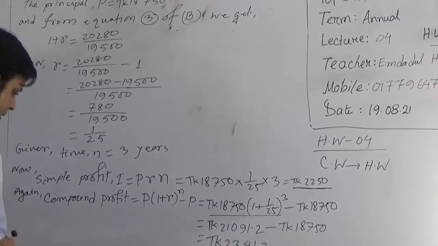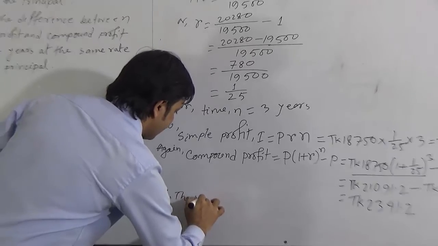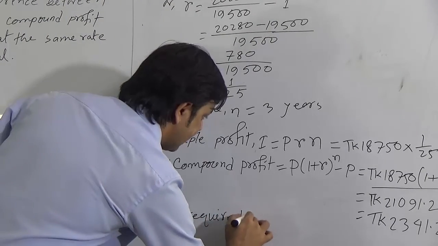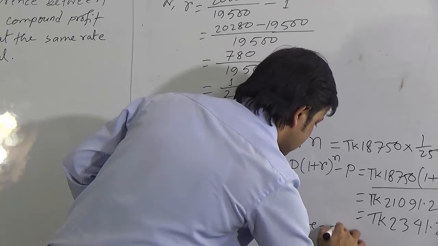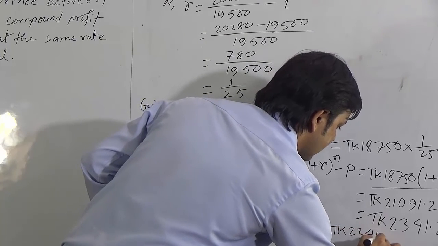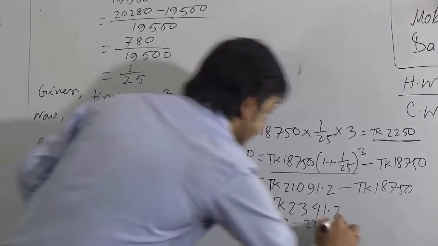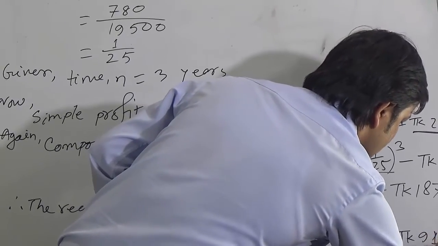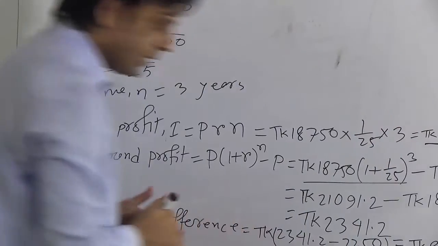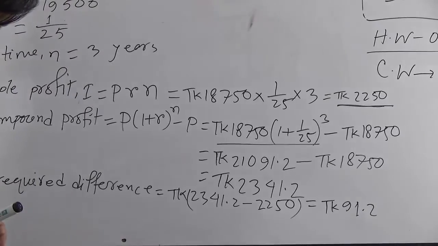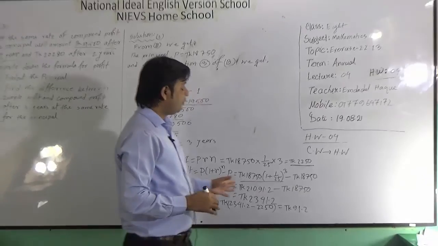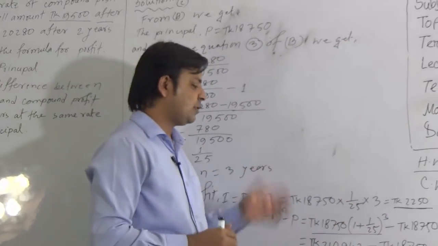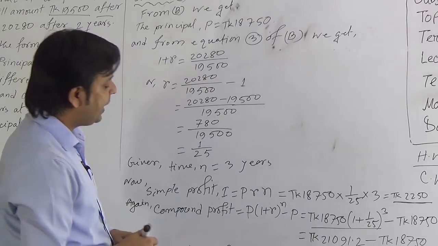Therefore the required difference is equal to taka 2341.2 minus 2250. So you will get the answer, taka 91.2.